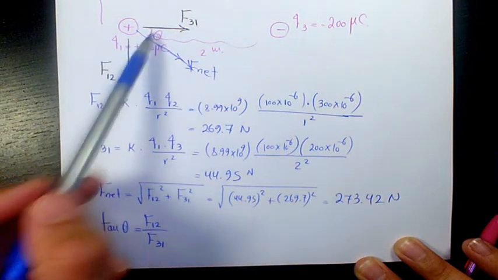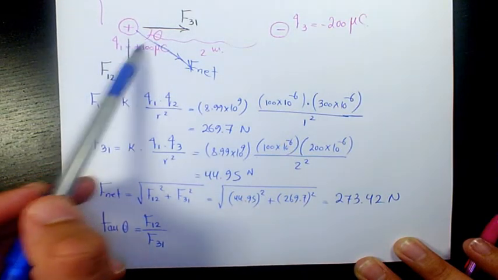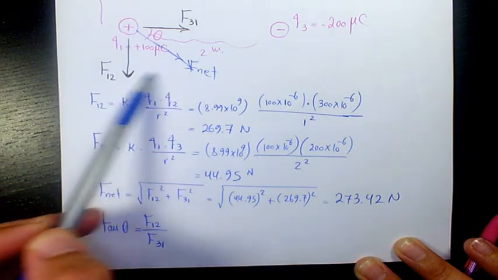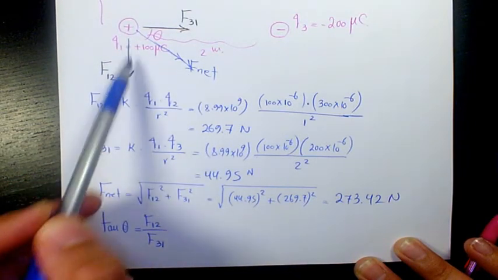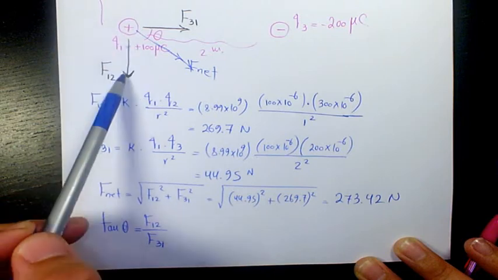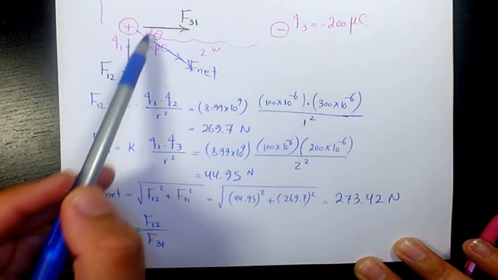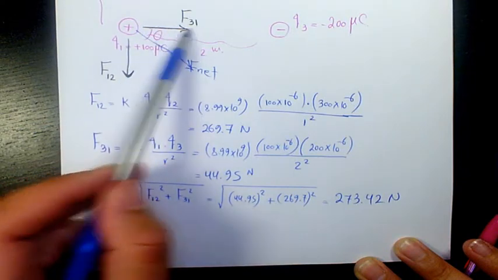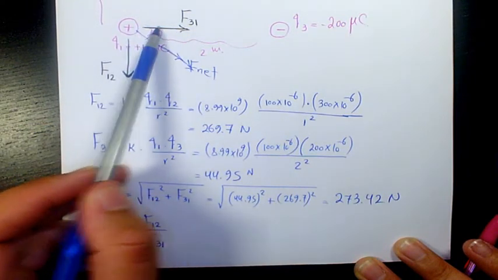It depends on which side you take. If you choose here as theta, in that case it's going to be F31, which is the opposite, divided by adjacent, which is F12. But I define theta as the angle between this line and this line.